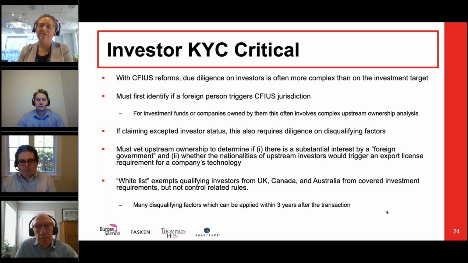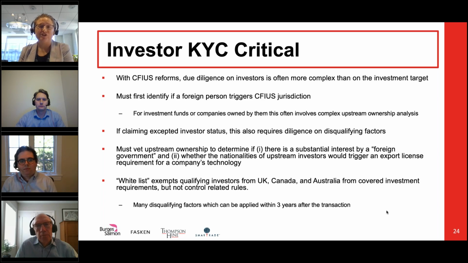But somewhat uniquely, and very confusing, there are a number of disqualifying factors that can mean that an investor from one of these countries no longer counts as exempt because, for example, they violated U.S. sanctions, or they violated a past mitigation agreement, or they violated some other select criminal rules.